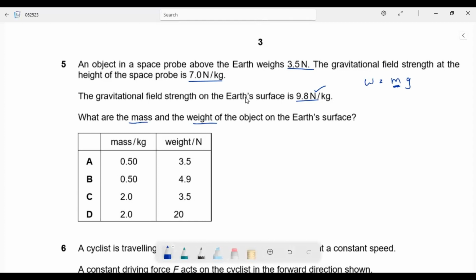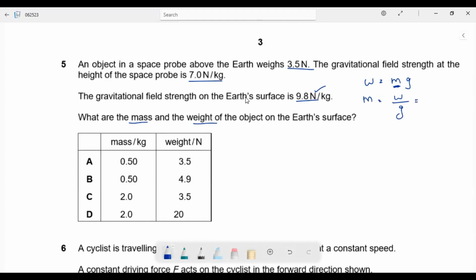Mass of the object remains the same regardless of the location and gravitational field. It is a constant quantity. So mass is equal to W by g.